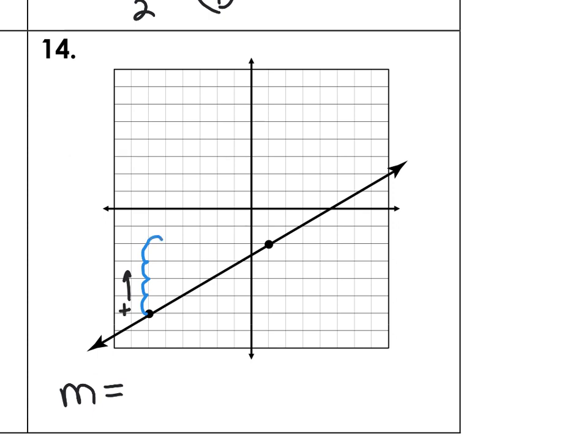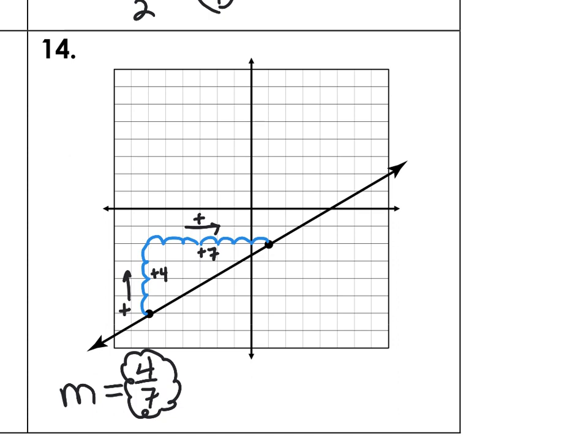And then I'm going to go 1, 2, 3, 4, 5, 6, 7. Okay, I'm going to the right, so it's positive. So that was 4/7. Okay, and if you want, you can write that in as you're going. Up 4 to the right, 7. And that's your slope. That can't be reduced. 4/7 is simplest form already.